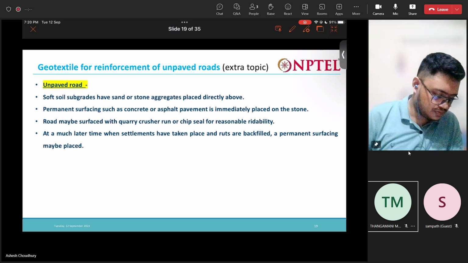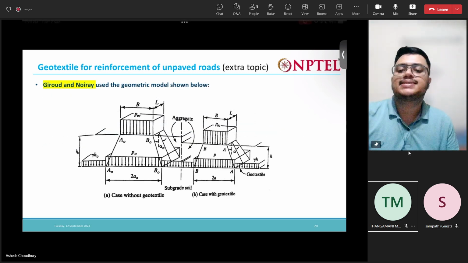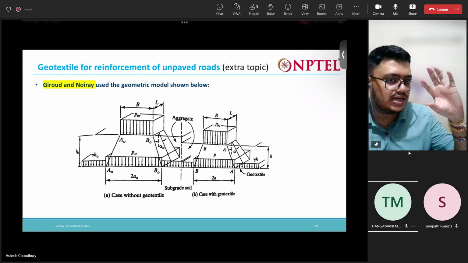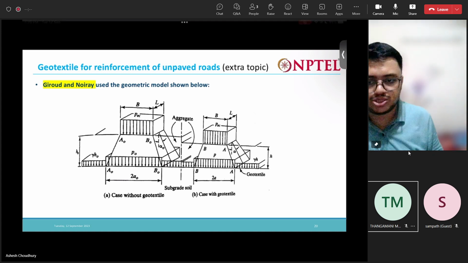Researchers Giroud and Noiray used the geometric model shown here to analytically give the solution for this problem.